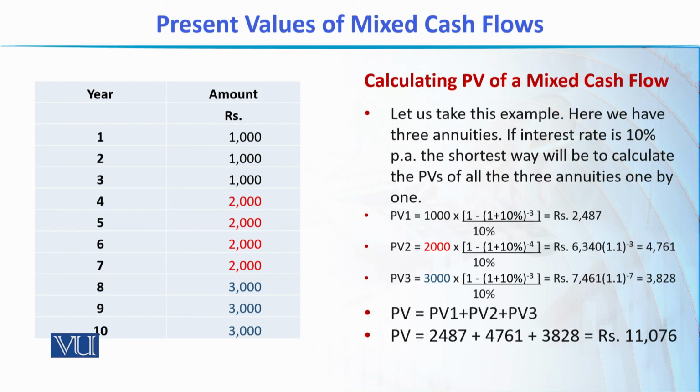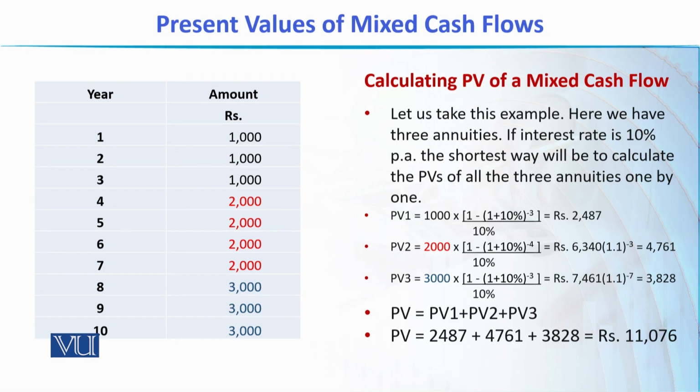Let us take this example where we have got three annuities. If the interest rate, that is the discounting rate, is 10% per annum, the shortest possible way is to calculate the present values of the three annuities one by one and then further discount them in order to get the total present value.